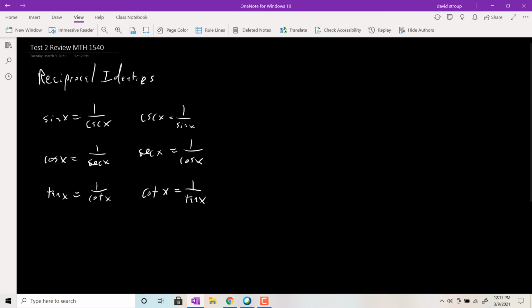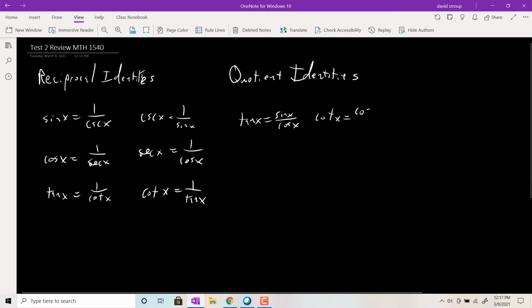Then you have the quotient identities. Tan x is sine x over cosine x, and cotan x is cosine x over sine x. The Pythagorean identities.